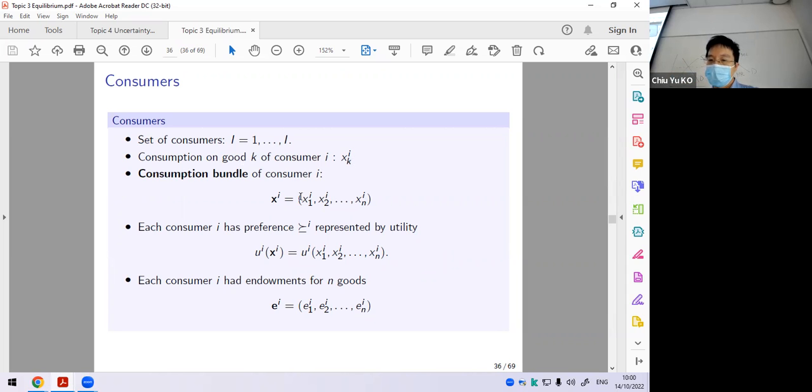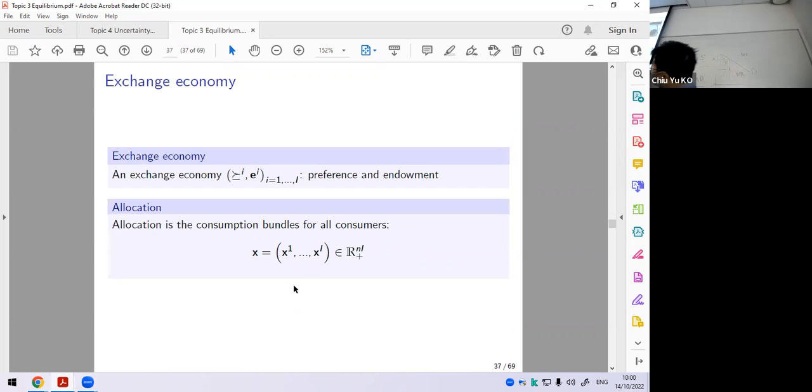That means a consumption bundle is a vector of K goods. Then you assume the preference already, and there's an endowment for the goods, and an exchange economy will be just the primitive of this model.